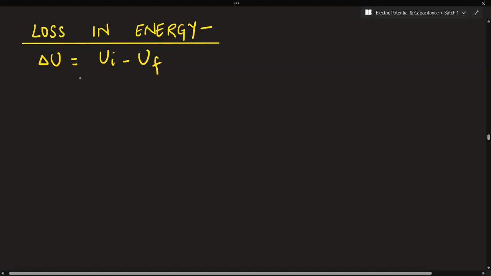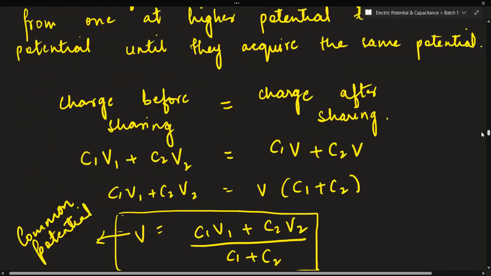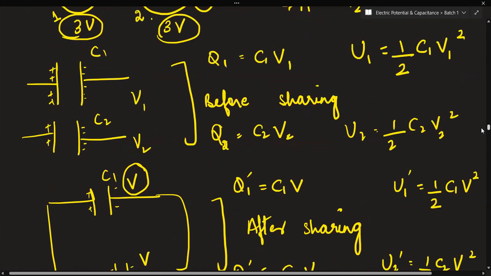Now, initial energies, that also we had calculated, remember? This is the initial energy. So both of them added together, half C1 V1 square plus half C2 V2 square, gives the initial energy.